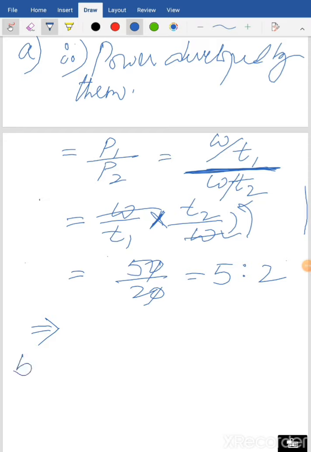All right, now number B. In B, we are asked to find the work done by each of them.